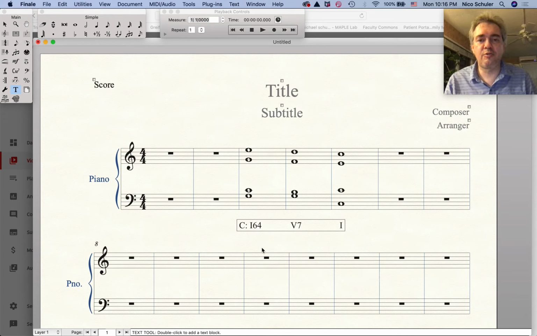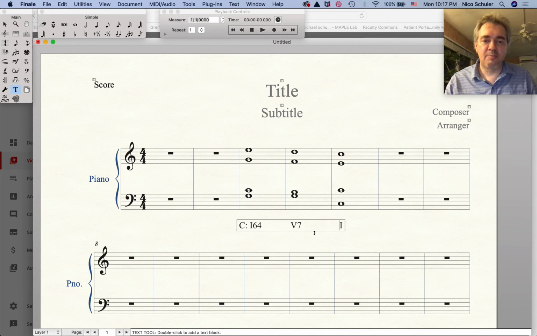But then the 6/4 basically means those are suspensions. The 6th above the bass resolving to the 5th above the bass, and the 4th above the bass resolving to the 3rd above the bass. So it could be 5 6/4.